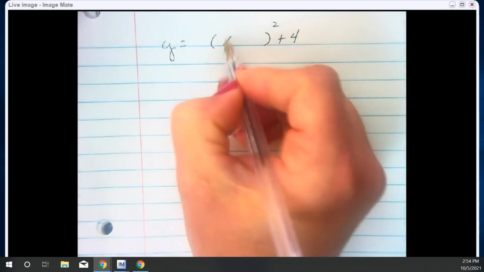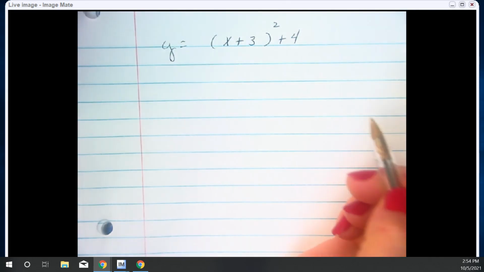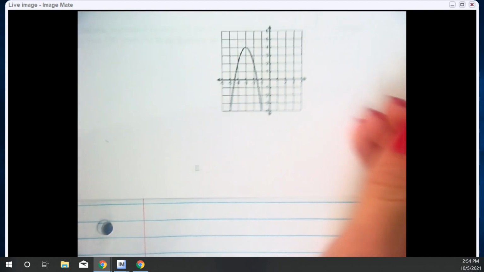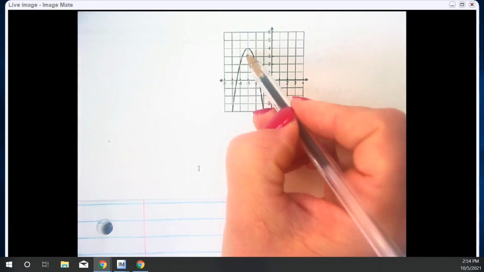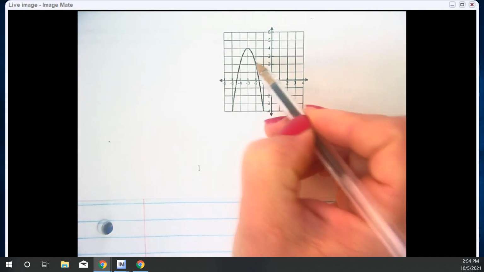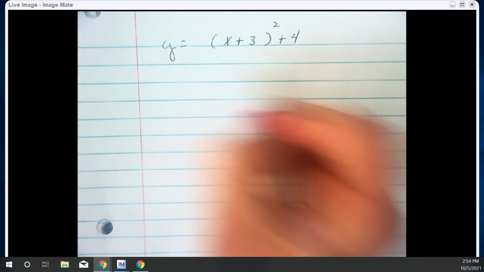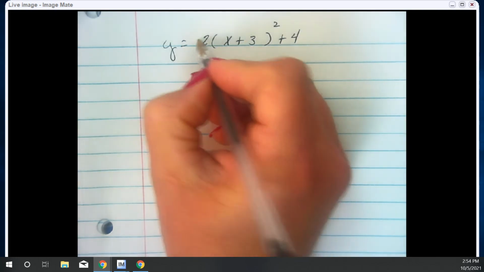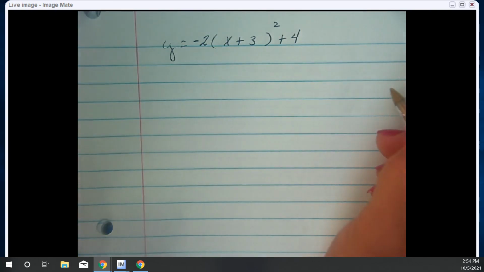It shifted to the left, which means inside the function it is the opposite operation. It's also turned upside down. There's something else I need to talk about. Do you see the stretch factor? To get to the next nice point, I had to go down 2 and right 1. That means I have a stretch by a factor of 2, and the turned upside down means I have a reflection.